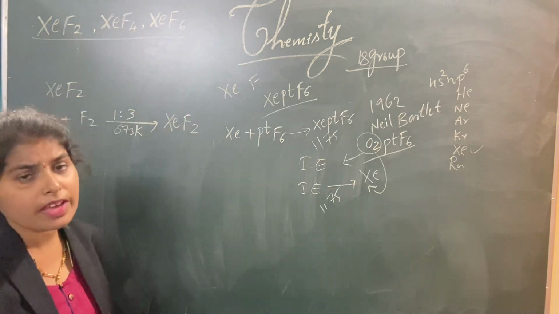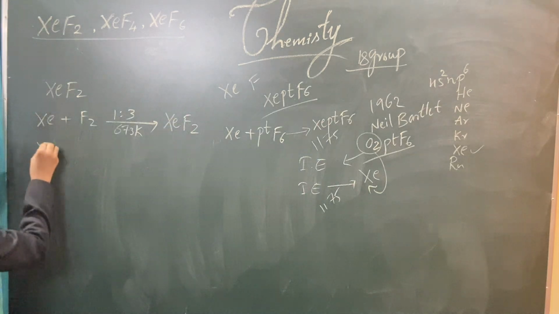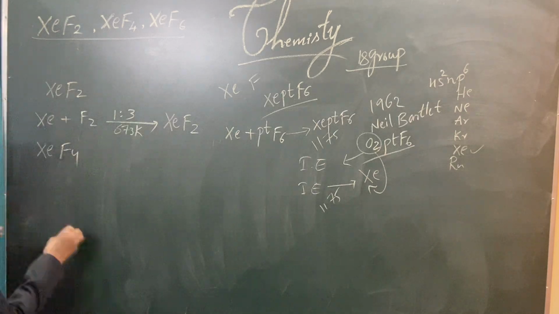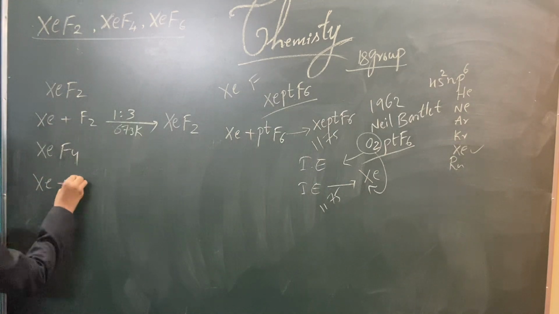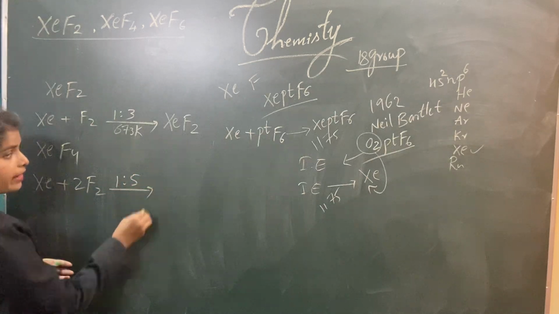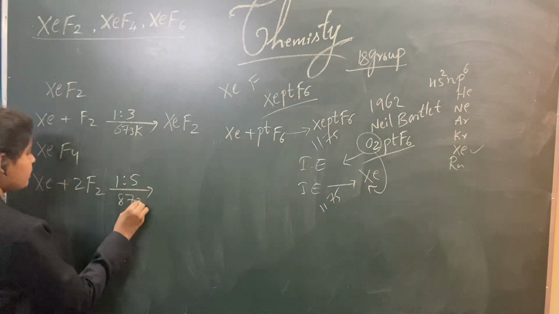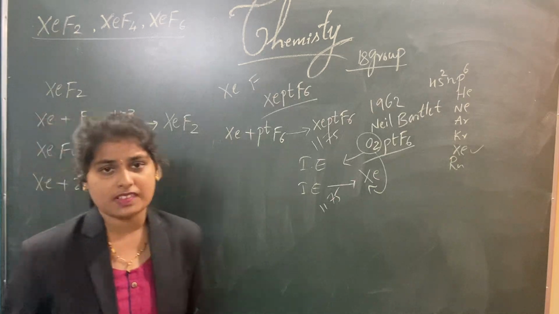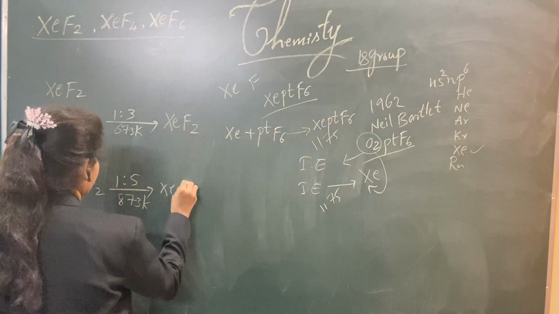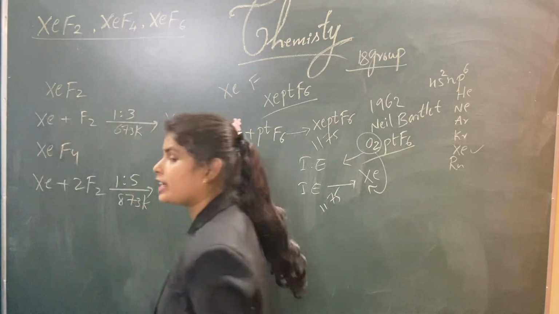In a similar way, how is XeF4 prepared? Here also we follow the heating method: a mixture of xenon and fluorine is heated in a ratio of 1:5 at 873 Kelvin, and we get the compound XeF4, xenon tetrafluoride.